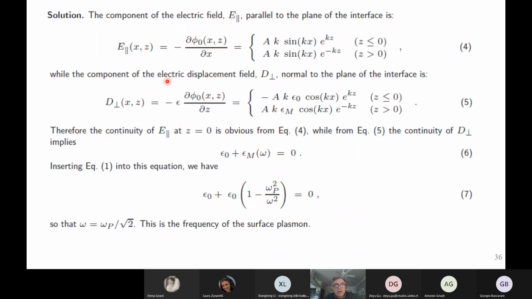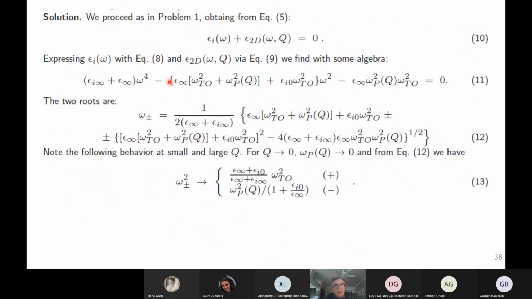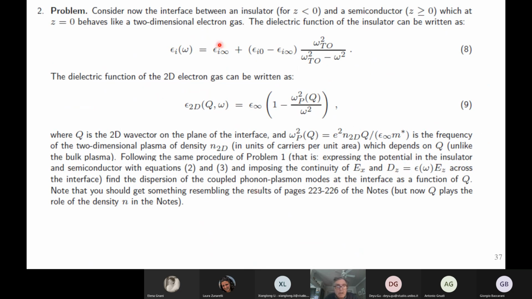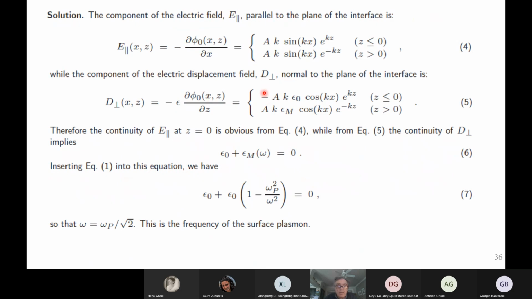If we go to an interface between a metal and a two-dimensional electron gas, instead we have a more complicated situation, but again, the total dielectric function of the system, which is the dielectric function of the dielectric, sorry, and the dielectric function of the two-dimensional electron gas, had to add up to 0 in order to satisfy the continuity of the potential, if you wish, and the continuity of the displacement field, the vertical derivative of the potential multiplied by epsilon.